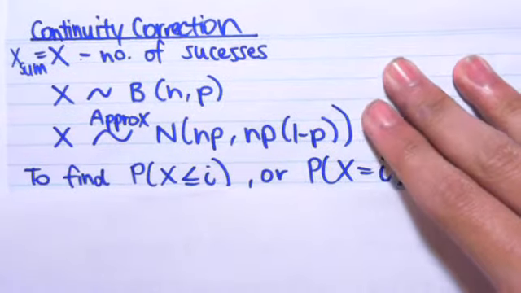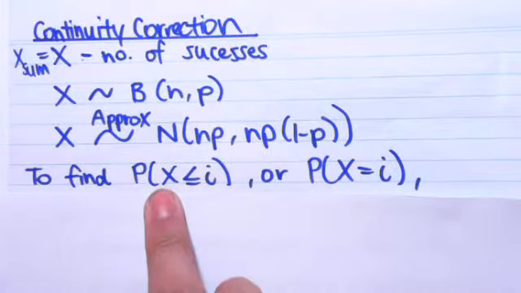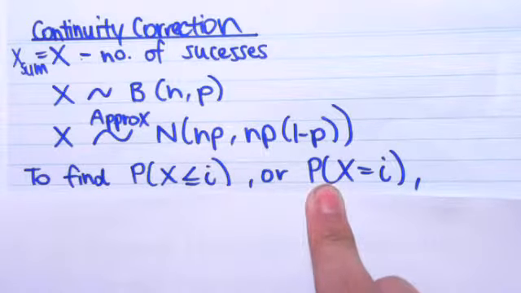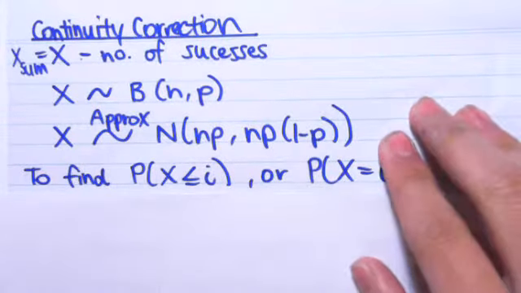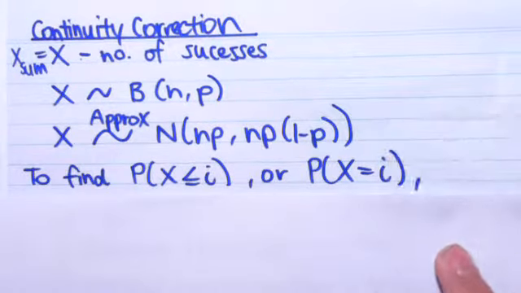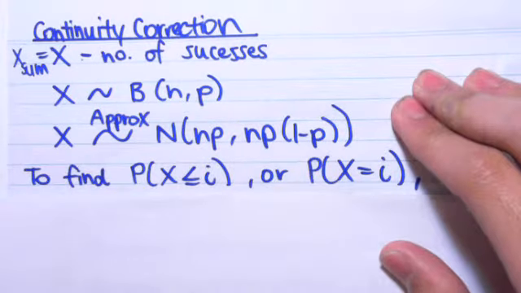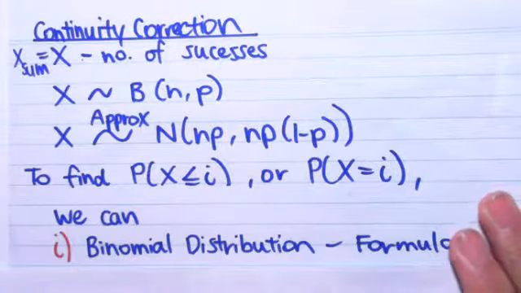And so let's say we're interested in finding the probability that the number of successes is less than or equal to i. Or we want to find the probability that we have i amount of successes. So there are two methods for finding these two probability values. The first method is to use the binomial distribution formula.